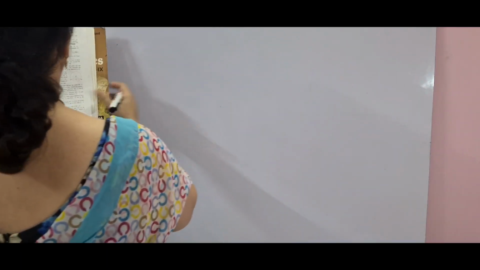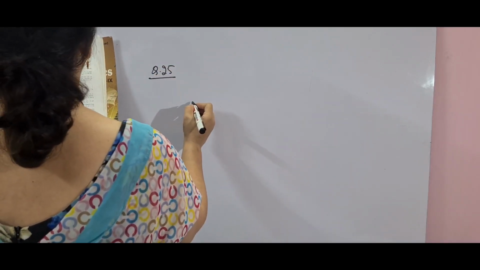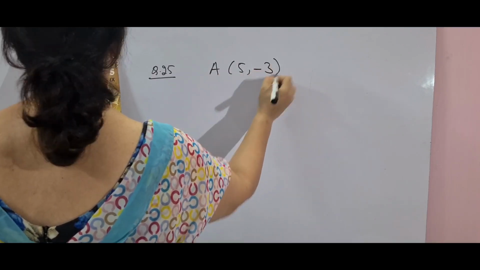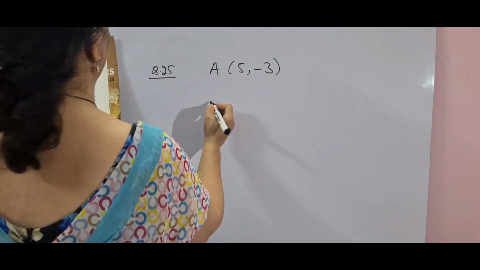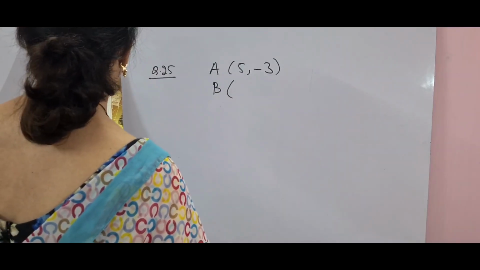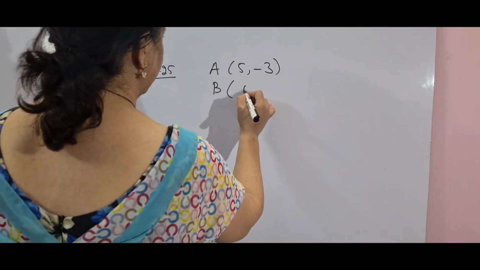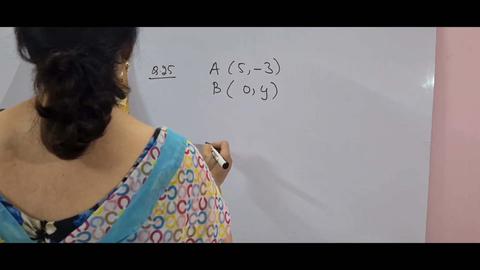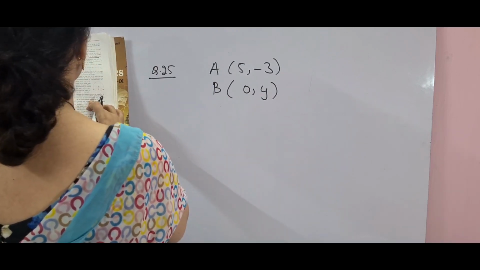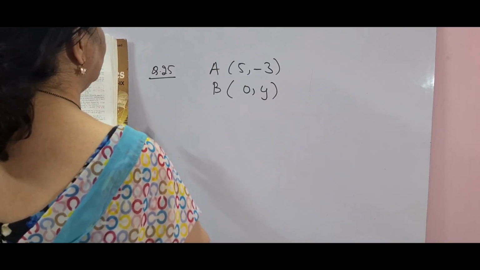Then 24 and 25 are the same. I am doing the 25th sum. Calculate the distance between A (5, minus 3) and B on the y-axis whose ordinate is 9.